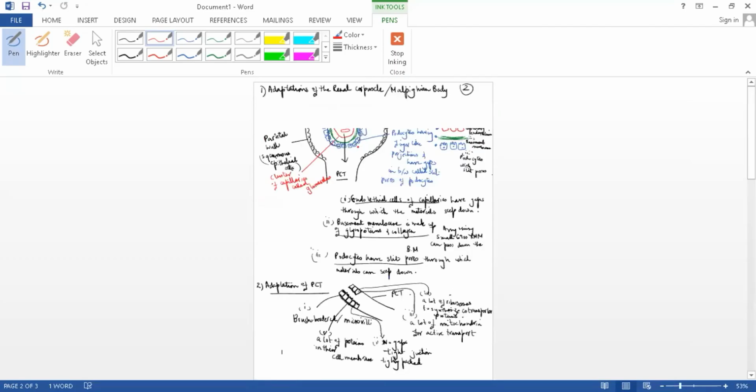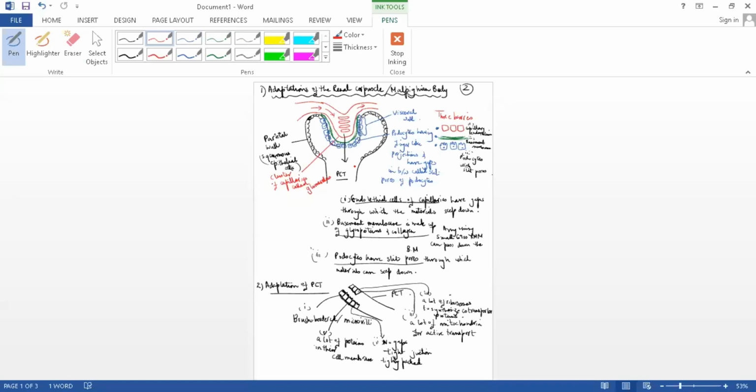We have discussed that in the Bowman capsule and renal corpuscle, there are three barriers through which materials pass as nephric filtrate into the proximal convoluted tubule: the blood capillaries having gaps, the basement membrane which allows anything less than 69,000 relative molecular mass to pass through, and the podocytes having slits.